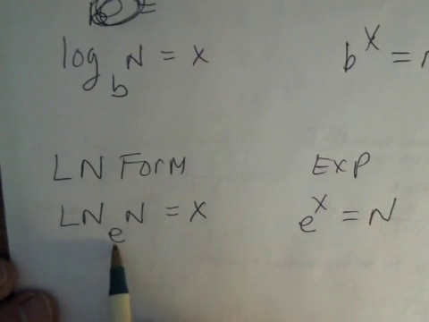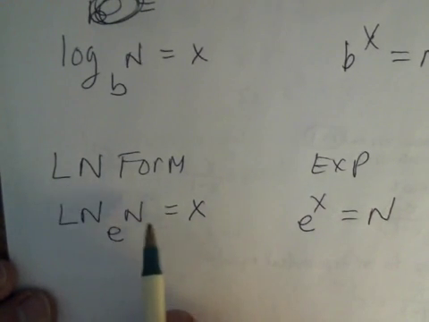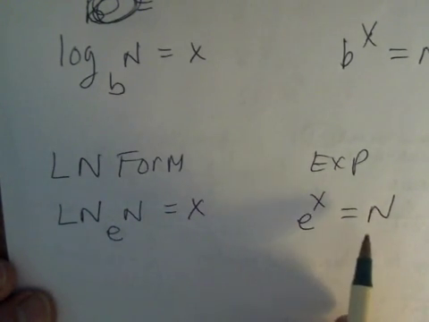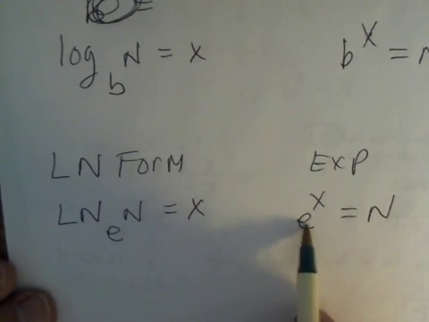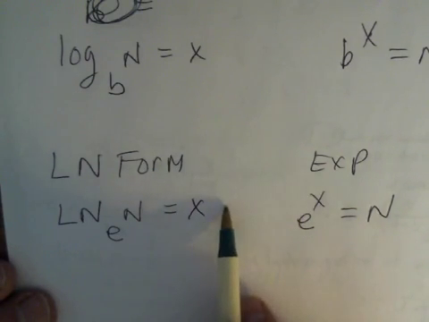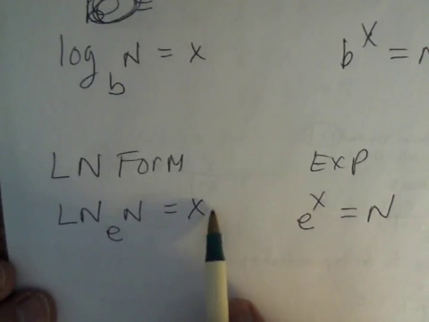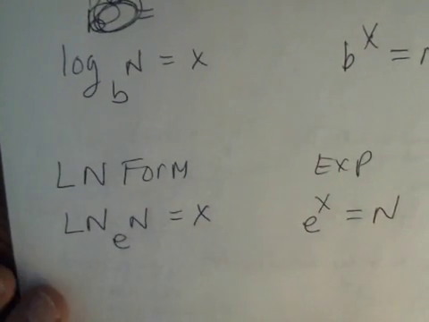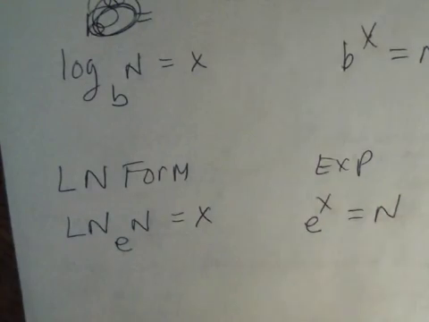So again, you have your base, you have your number, and it's equal to your exponent. Over here, you have your base to the exponent equals the number. So try not to get confused with where the exponent is. Hopefully this will help you if you're having trouble with this. A lot of times it's how to use the calculator. So if you ever have questions about that, I'll try to do my best to help.